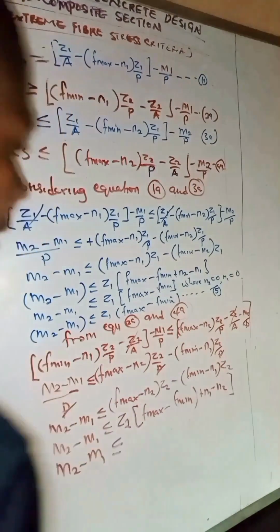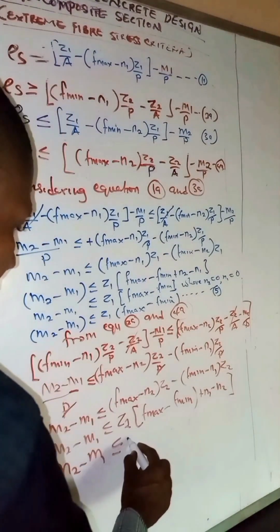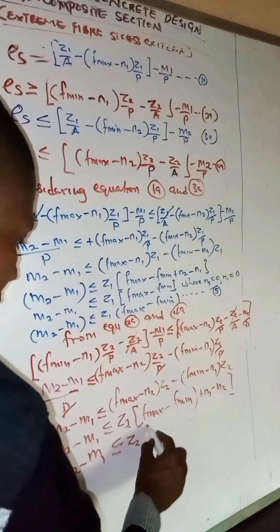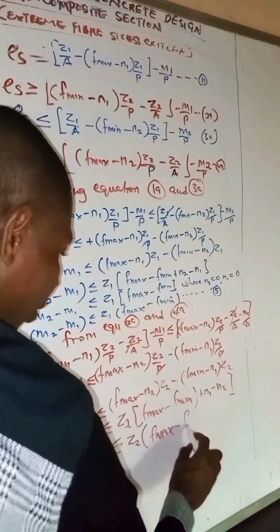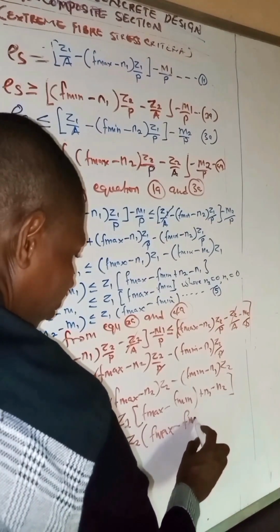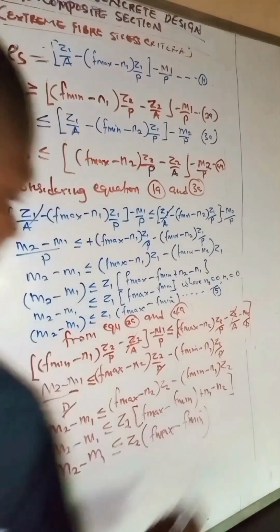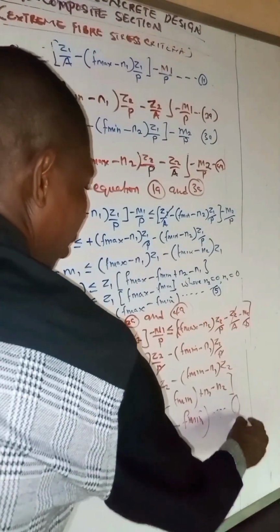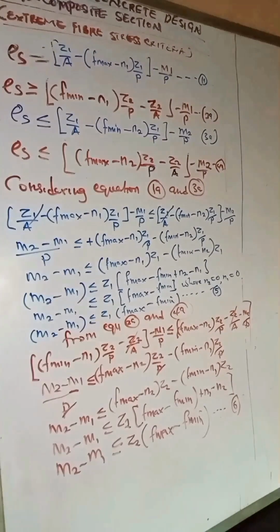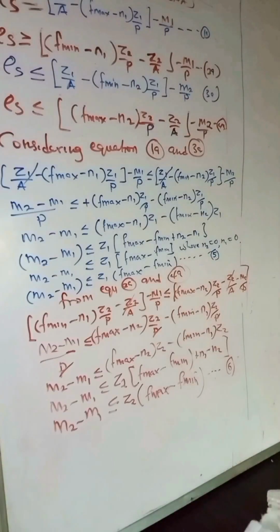Let's assume our normal forces are 0 as usual. So we have the equation as Z2 bracket F maximum minus F minimum bracket. We can call this equation number 6. The next we are going to do: we have done 1 and 3, we have done 2 and 4.